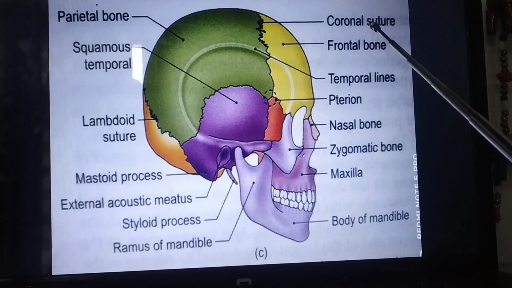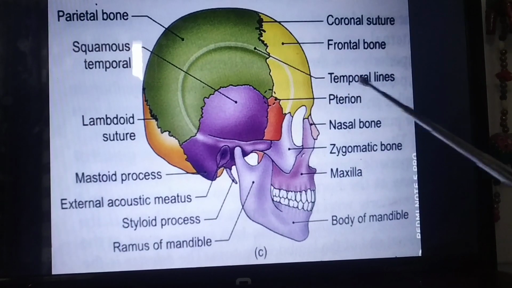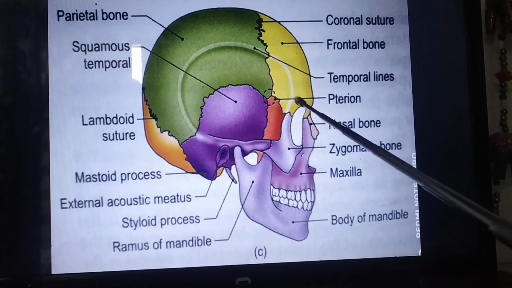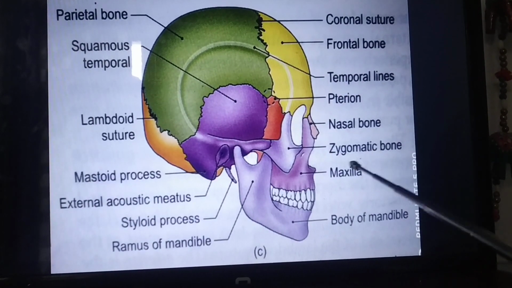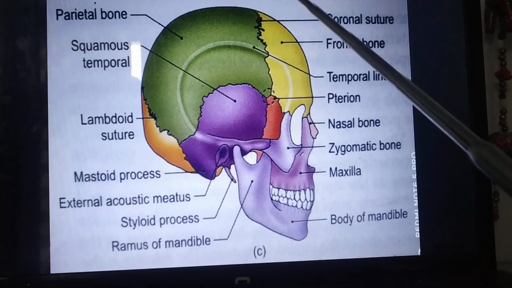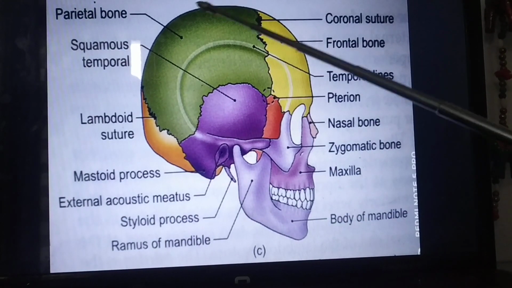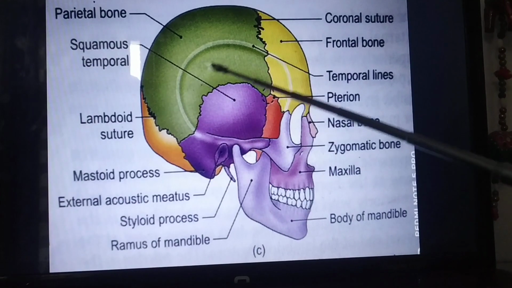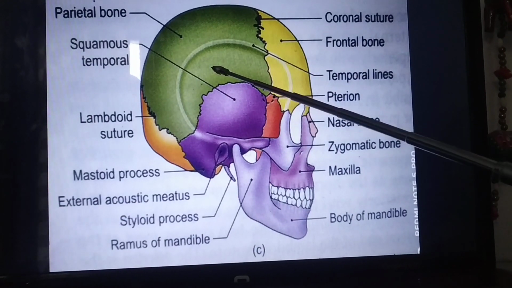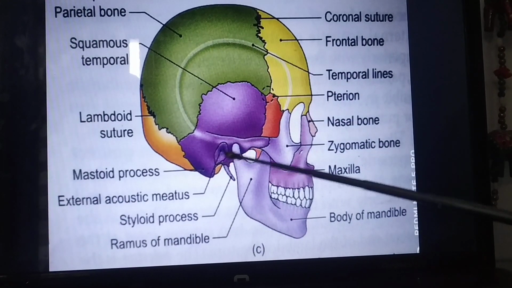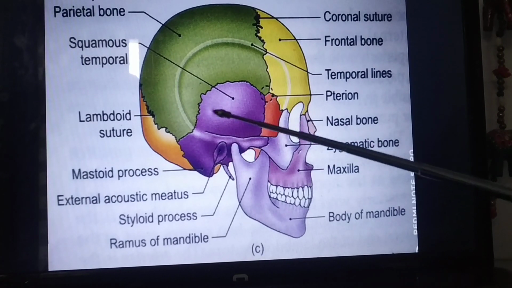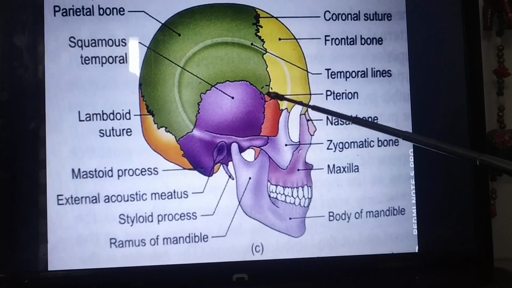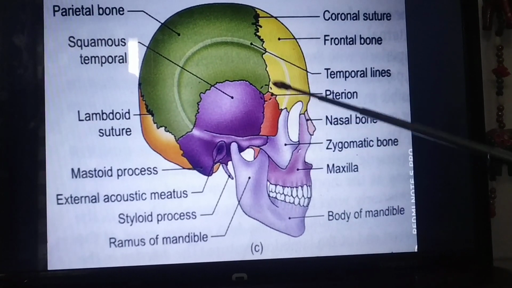You can see the coronal suture, the frontal bone, the temporal bone, the pterion, nasal bone, zygomatic bone, maxilla, body of mandible, as I told you. After that, this big part is the parietal bone. This part is the squamous bone. See, now the pterion is quite clear over here.